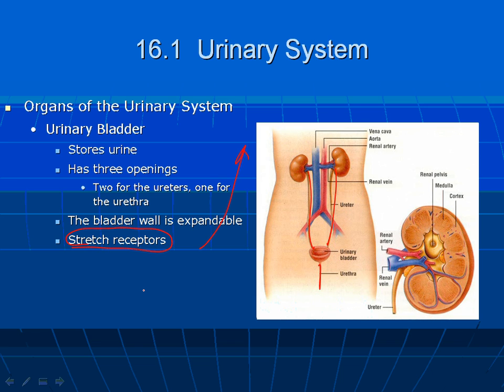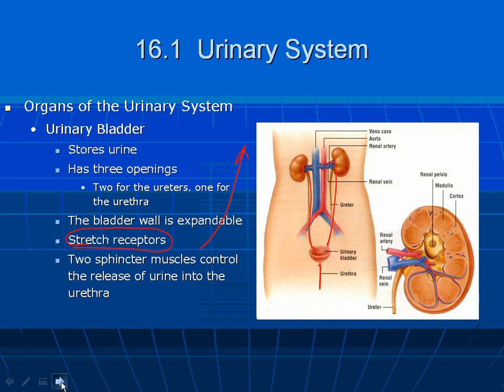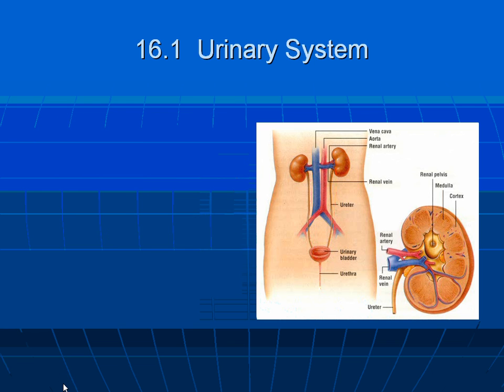We'll get more into the mechanism of nerve impulses in the nervous system, so for now you don't have to know any detail. Just basically, send the message to the brain: you need to go take care of business. And just like in the stomach, there are two sphincters, and these sphincters open and close to release urine into the urethra.